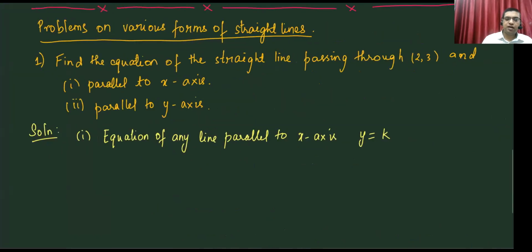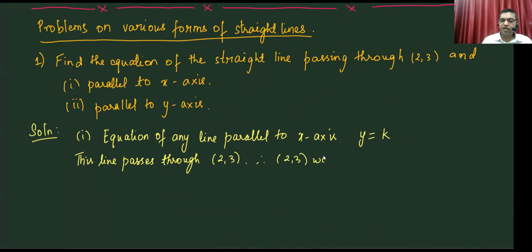So now this line passes through 2, 3. Therefore, 2, 3 will satisfy the equation of the line.